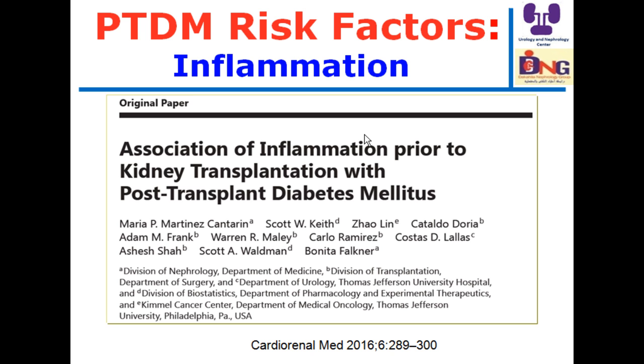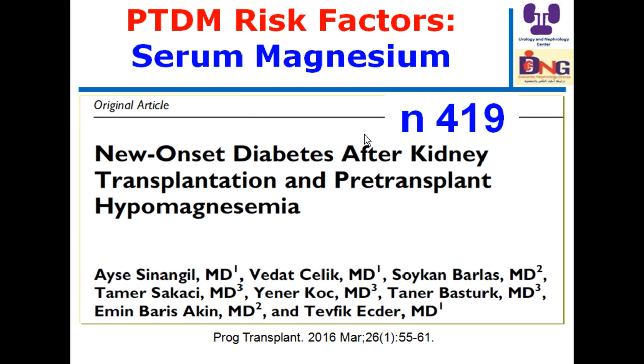And in multivariate analysis, TNF-alpha plasma level before transplantation was associated with development of post-transplant diabetes, and the odds ratio is 2.03. This means that TNF-alpha could contribute to post-transplant diabetes through an effect on adiponectin. This study proposes that inflammation is involved in glucose regulation after kidney transplantation.